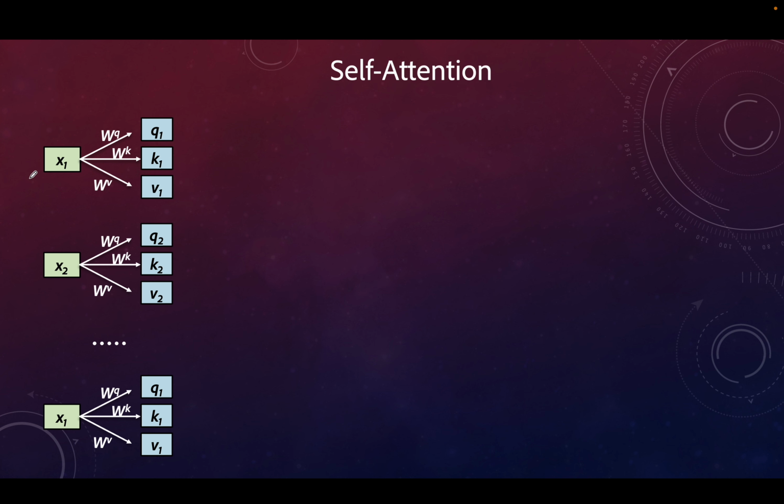So we have these tokens x1, x2 all the way up to xT. So it should be xT here, and again these should be qT, kT and vT. So you multiply x1 with Wq, Wk and Wv to get q1, k1 and v1.